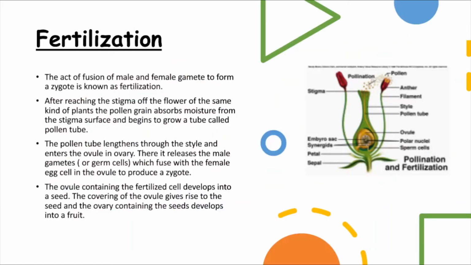Next is fertilization. What is fertilization? It is an act of fusion of male and female gametes so as to produce a zygote, which is the first cell having life inside it. Male and female gametes are haploid in nature, that means they have half the number of chromosomes present in a normal cell. When they combine, they give rise to a zygote which is diploid in nature, represented by 2n.